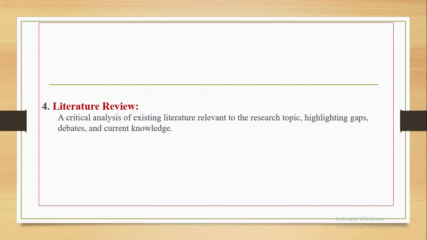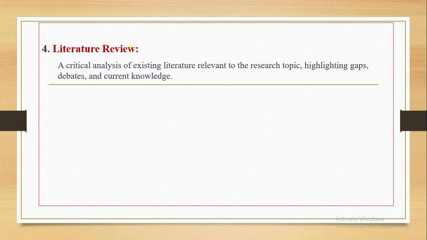Next one, literature review. This is addressed in chapter 2 of the research. After you complete chapter 1, you summarize or do a critical analysis of the existing literature relevant to, or the new research similar to, your own research titles or topics.